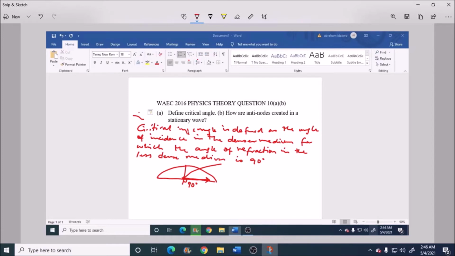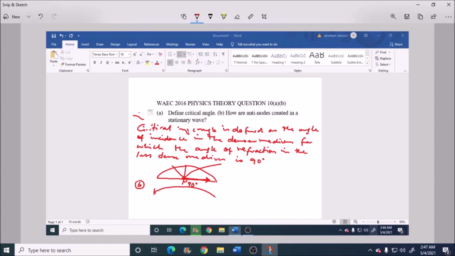So here we have a maximum displacement of a stationary wave. So here, this is the antinode, this is a node, this is also a node.